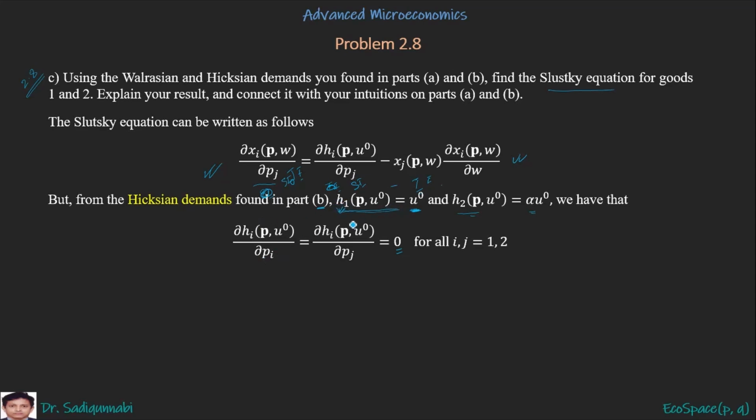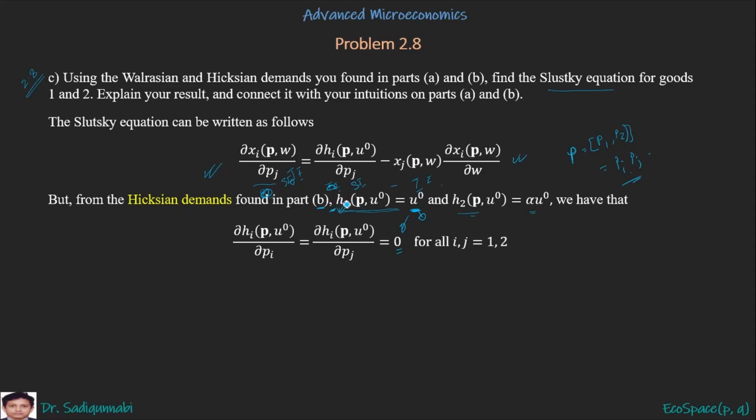Here the derivative of this with respect to Pj, because P is P1, P2 or Pi, Pj, and this is U0, which is constant, that's why 0 here.